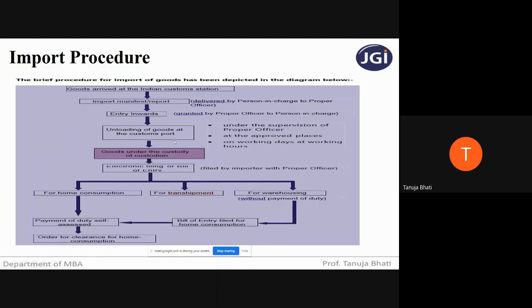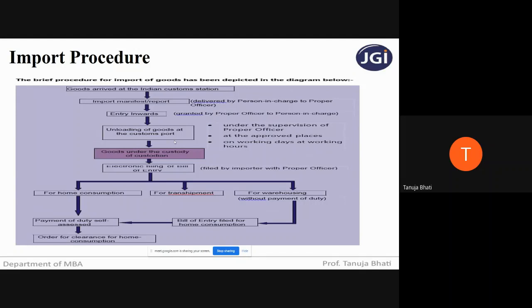Now, once the entry inward is granted, what happens? Whatever goods are kept in the vessel can be unloaded. But such unloading of goods will be done only under the supervision of the proper officer, only at those places which are approved by the proper officer, and only on working days at working hours.